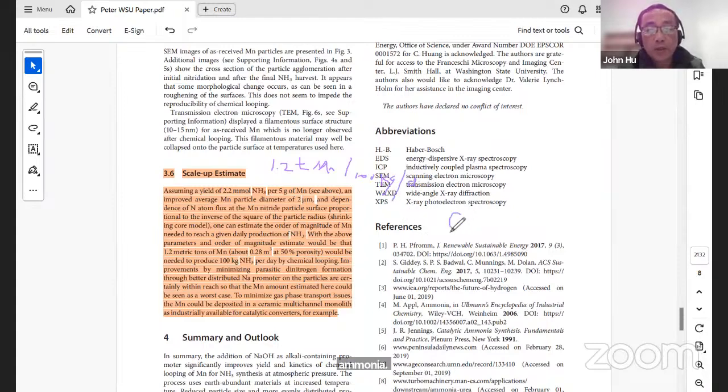So my question is, his calculations based on all he described, I don't think it's necessary. What you can estimate is, I'm going back, to produce 100 kg of ammonia per day, how much catalyst is needed. So here's the data. You already have the data. Hold on.